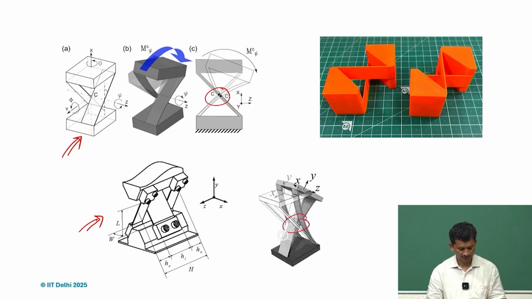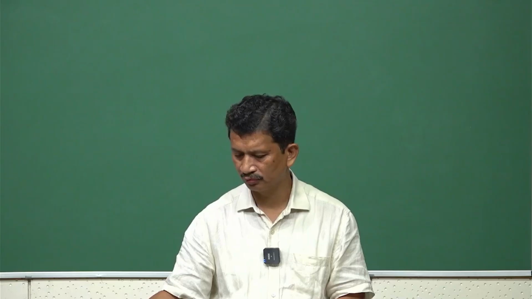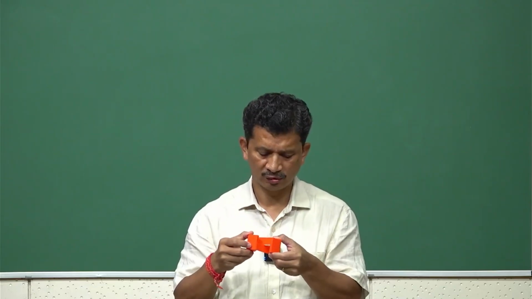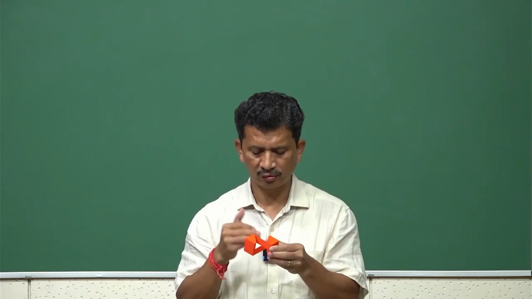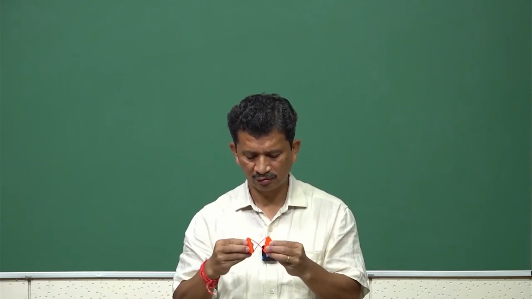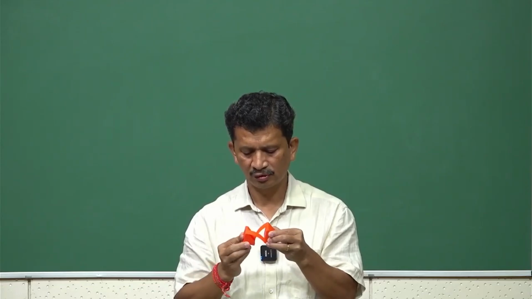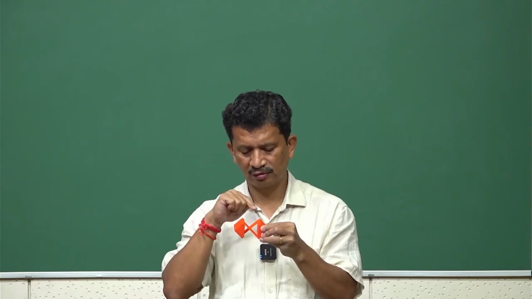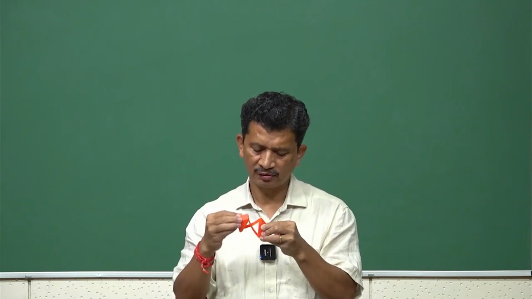These days it's very easy to create these models, and we can 3D print and see for ourselves. So this is the non-symmetric embodiment, overlapping on top of each other, and you can easily turn it. You can see that it looks like a hinge.